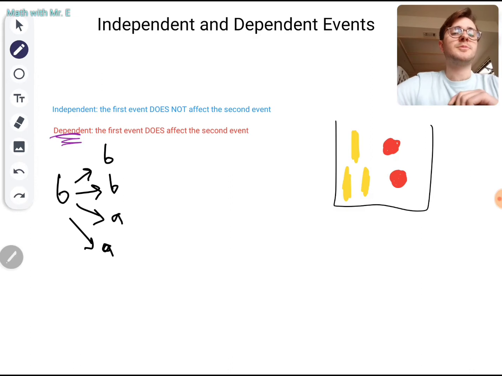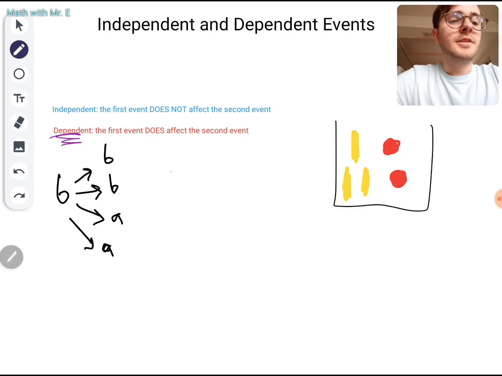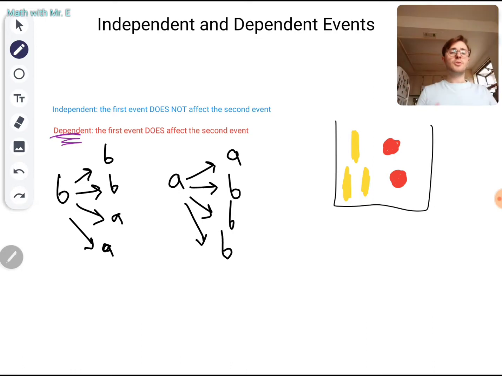It's also possible that he would draw the apple first, and in that case, he could then get another apple, or he could get a banana, or a banana. So there are a total, as you can see, of 8 possible outcomes of the 2 fruits that he's going to eat.